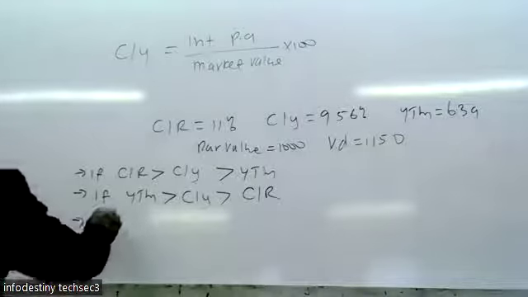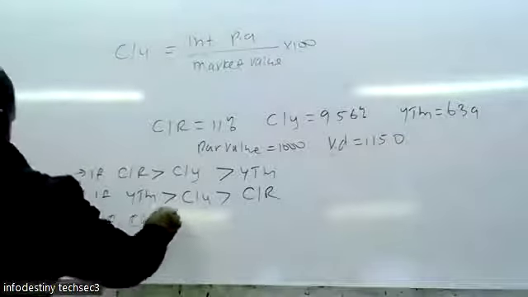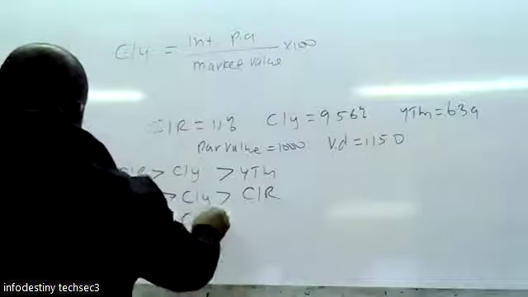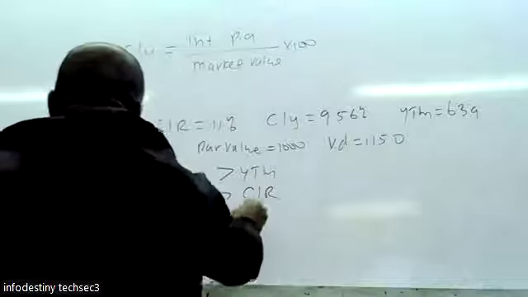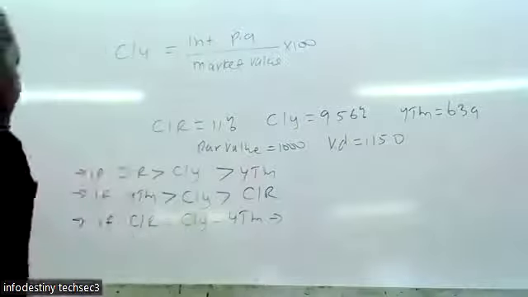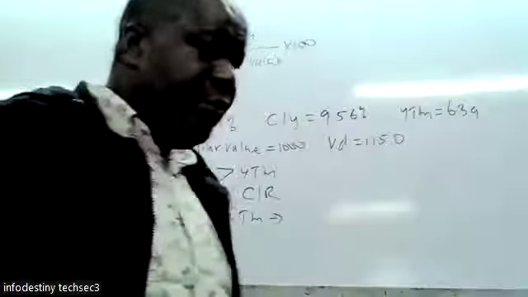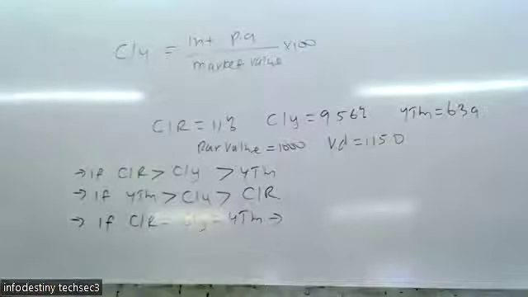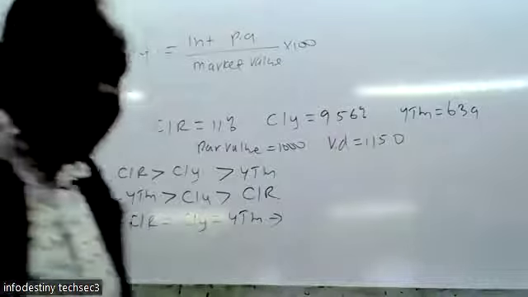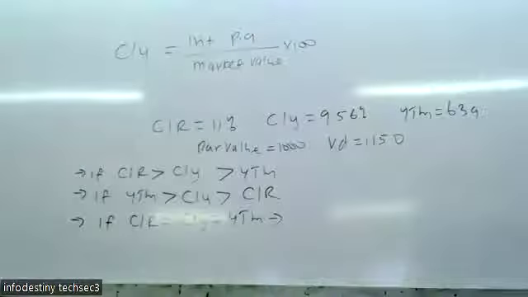Then another dash is that if the coupon rate is equal to the current yield, which is equal to the yield to maturity, then the bond will sell at par or the face value.